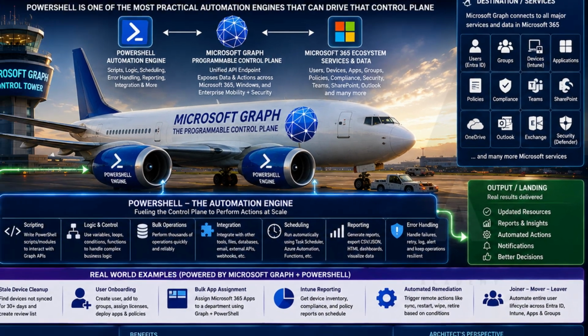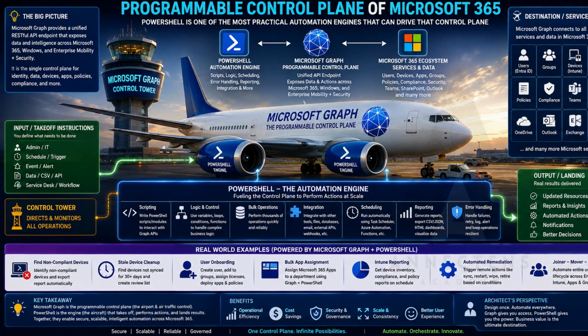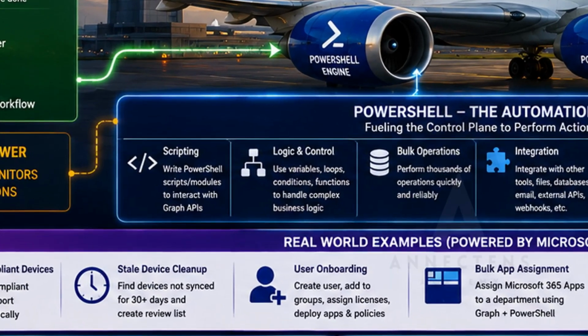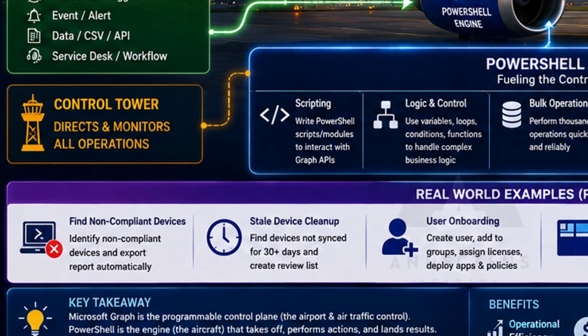Now in a real world example, what sort of things can you perform? If you notice that you might be seeing multiple non-compliant devices, to make your life easy, you can easily use the Graph API.